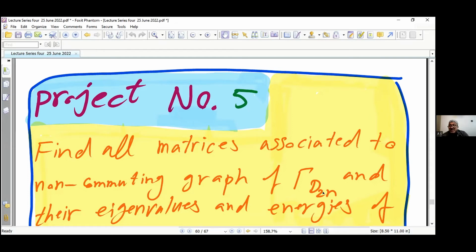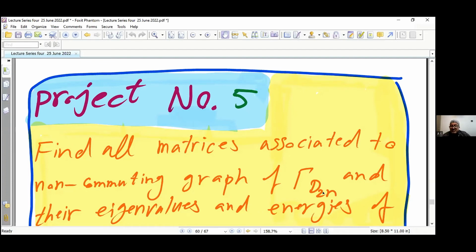If n is odd, then the center consists of only the identity element, so the number of vertices is 2n minus 1. For each case, you have to see what the size of the matrix is. If n is even, the size of most matrices like the adjacency matrix, Laplacian matrix, distance matrix is 2n minus 2.